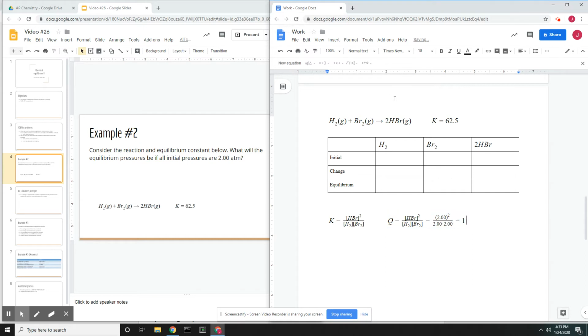So my Q is equal to 1. That's a lot less than K. That means I'm going to be producing more products and getting rid of reactants. Now I'll get to actually doing the problem.